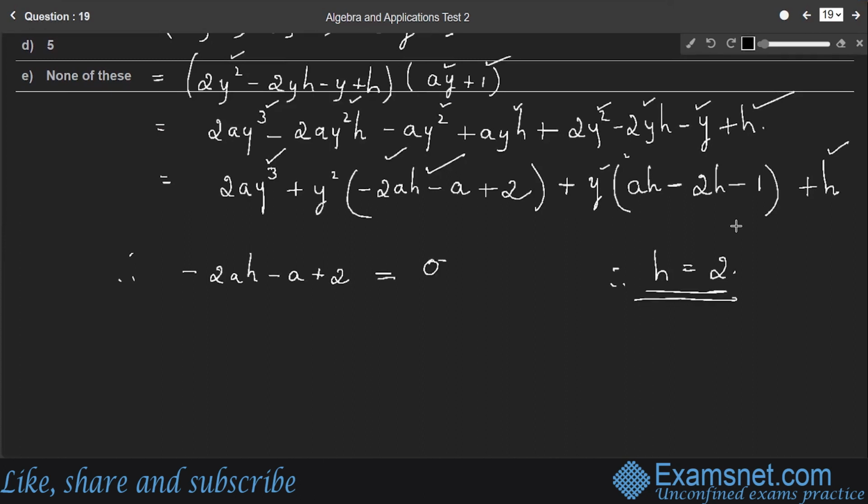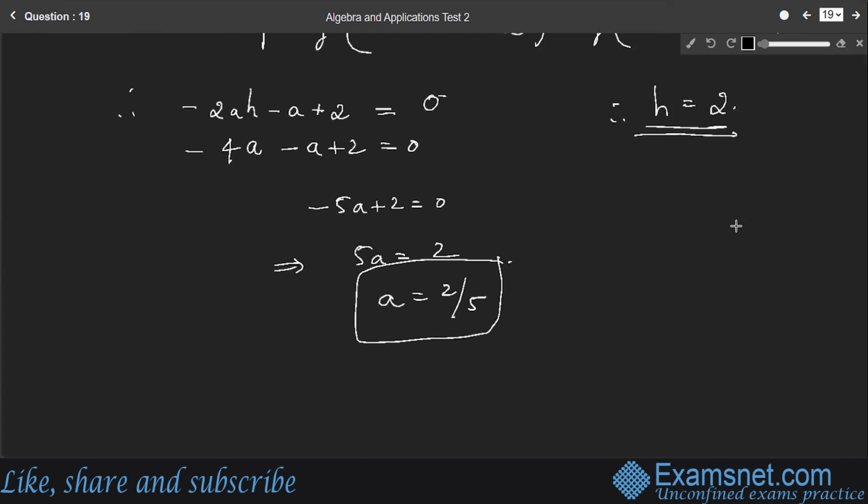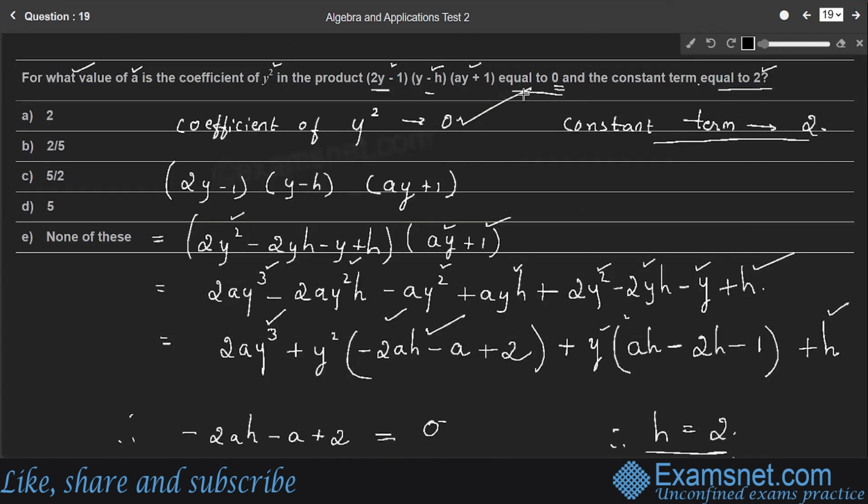Now substitute the value of h here. So minus 2 into 2, 4, into a, minus a plus 2 is equal to 0. Therefore, minus 5a plus 2 is equal to 0, or 5a is equal to 2. The value of a is 2 by 5, right? Therefore, the answer is a equals 2 by 5, option B.